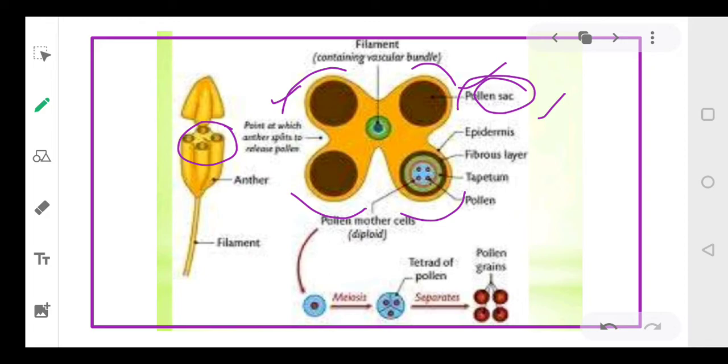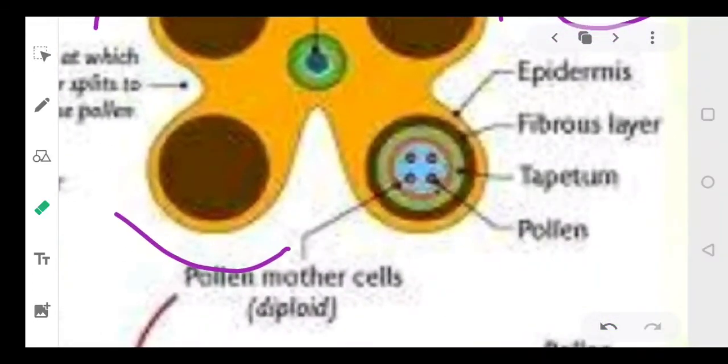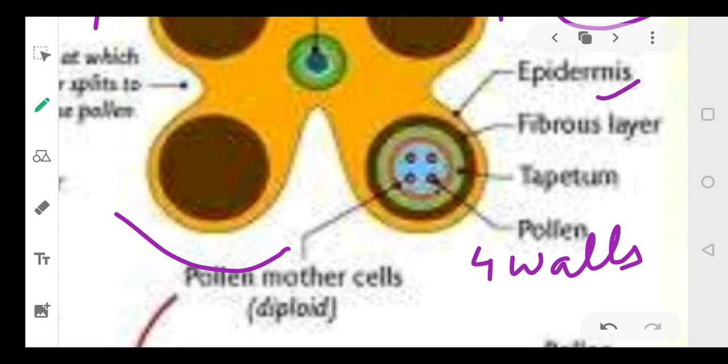Yes. Now let's look at the structure of a single microsporangium. Just look at this. The microsporangium is surrounded by 4 walls. The outermost wall is epidermis, and the second is endothecium.